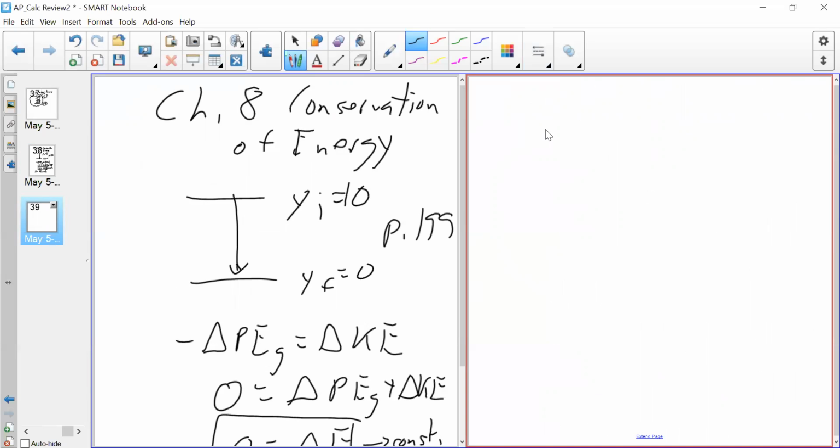We know the changes are just a final minus initial.